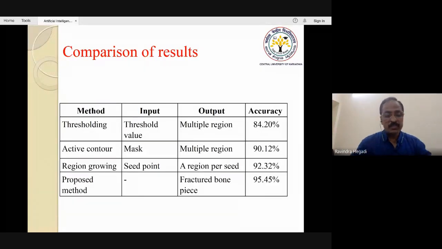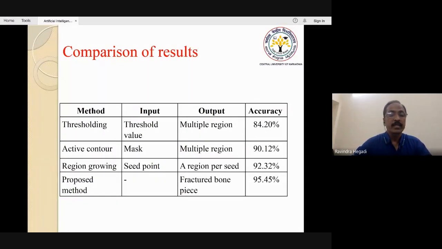Some other research used the region growing technique with a seed point and got 92.32%.